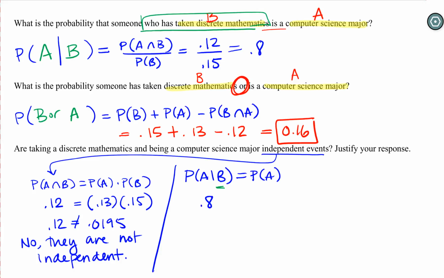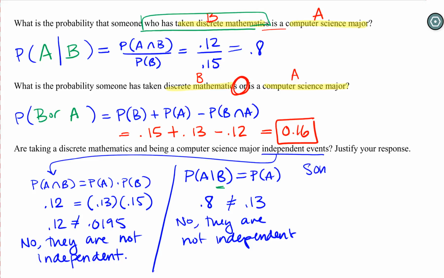So the probability that someone who has already taken discrete math is a computer science major is 80%. Taking discrete math tells us a lot about whether or not they're a CS major, right? Whereas the probability of being a computer science major overall is only 13%. These are not the same. So no, they are not independent. But this gives me more information because now I can actually say what that relationship looks like. Not that there's just a relationship, I know the relationship.